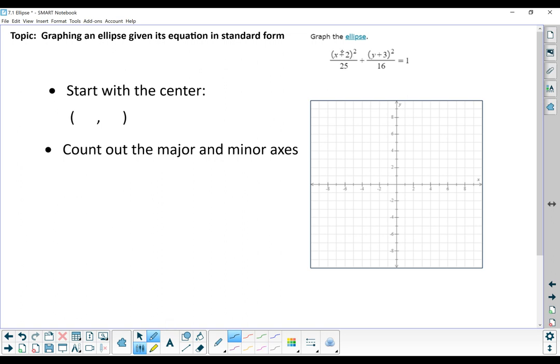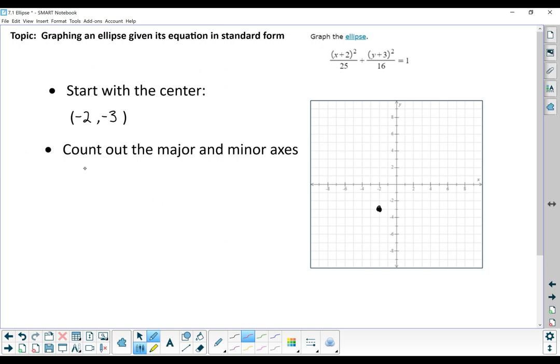This ellipse has a center at -2, finding the zero associated with x plus 2 squared, and then our y coordinate would be -3. Make sure you get those signs right. So here's our center. Now those denominators tell you how far to count out in each direction.